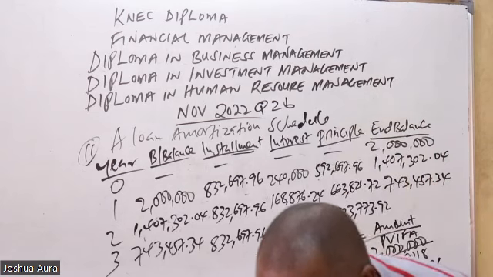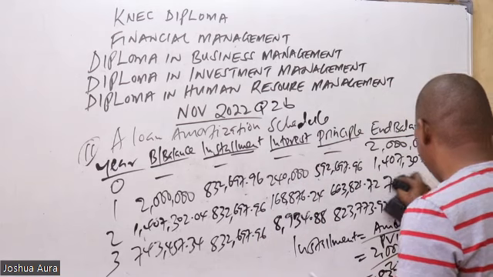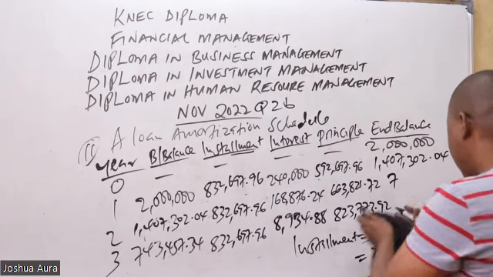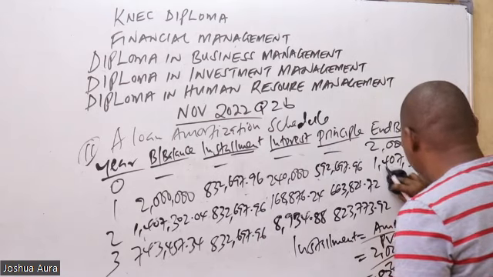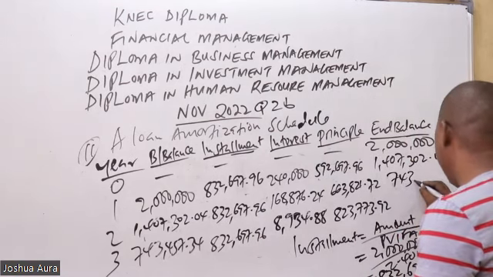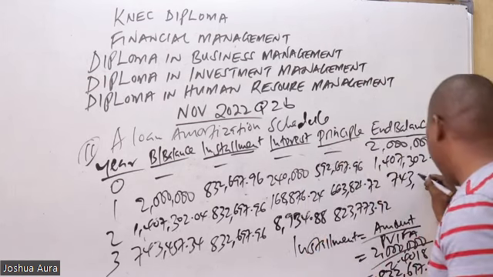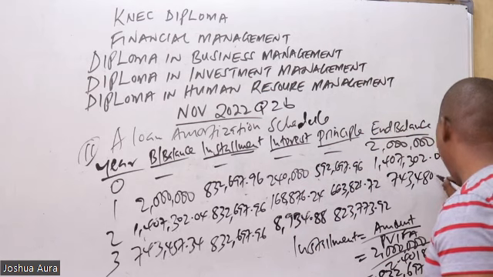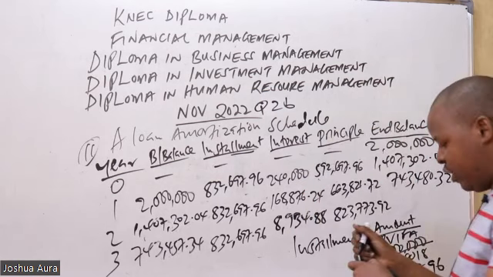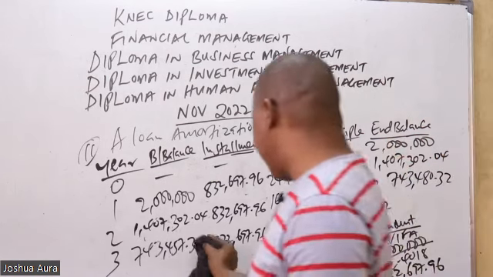Our ending balance will be 743,480.32. And this one will be our beginning balance.